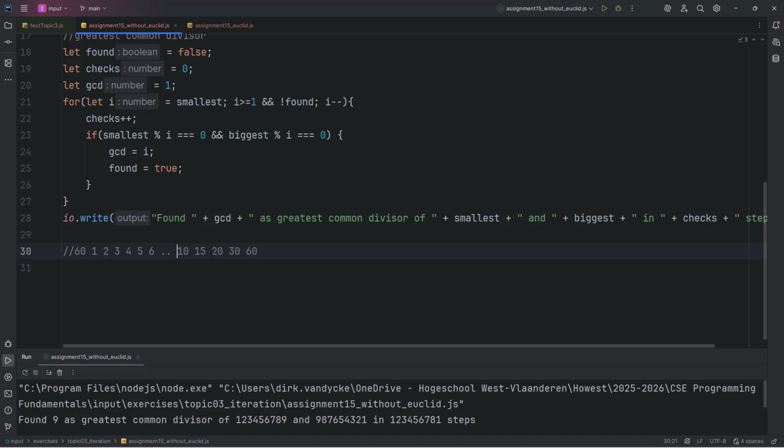So now between 6 and 10, I don't think I have any divisors anymore, right? 7 certainly not, 8 also not, and 9 also not. What you figure is that these divisors come in pairs.